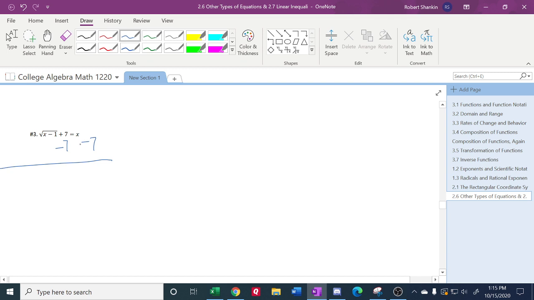Now, if we tried to square both sides instead of doing that, this is a very common student mistake. Squaring both sides here, and then they do something like this.